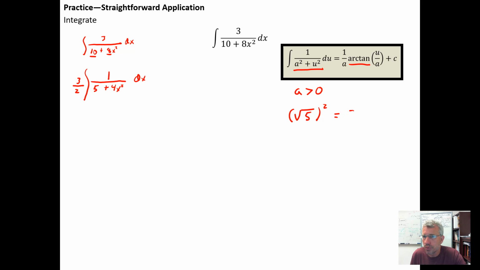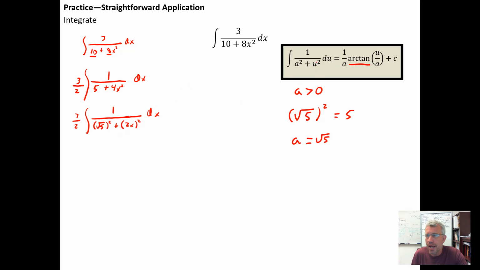So this is still equal to 5, and if we wrote it like this, then our a would equal the square root of 5. So I'm going to rewrite the integral again as 3/2 times the integral of 1 over the square root of 5 quantity squared plus, and right here 4x squared can be rewritten as 2x all squared dx.